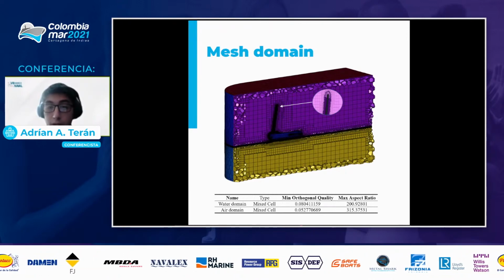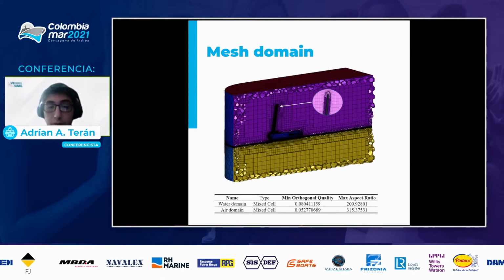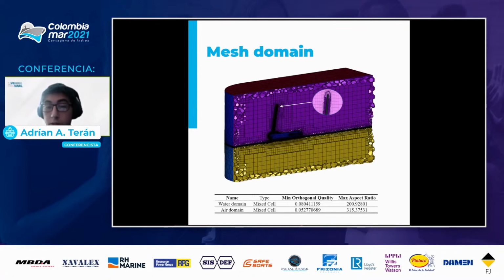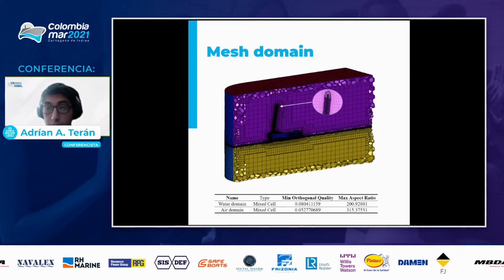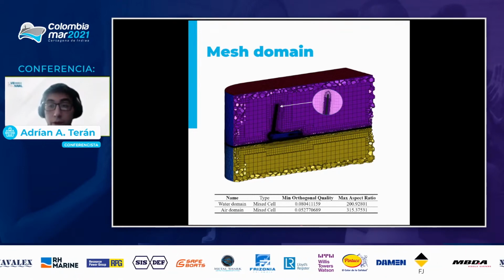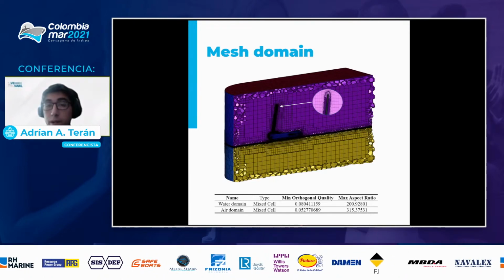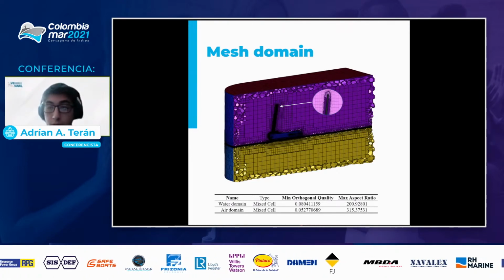So later on, we can transition to hexahedral elements, which are the cubes that you can see here. And finally, we can approach the surface both of the hull as well as the surface of the rigid sail with a prism layer that's used to capture the effect of the boundary layer that is going to be generated around the surface.